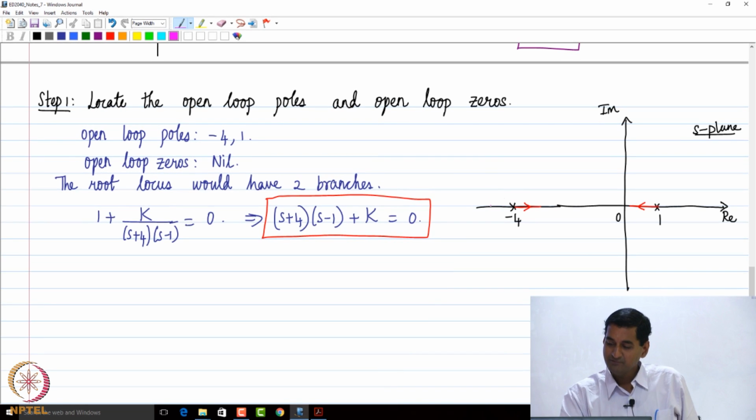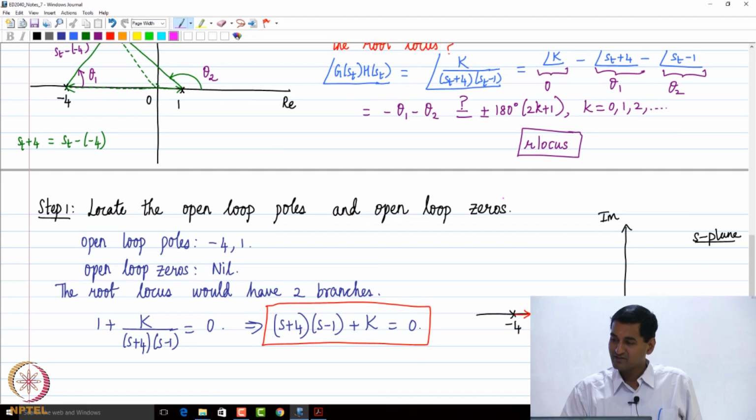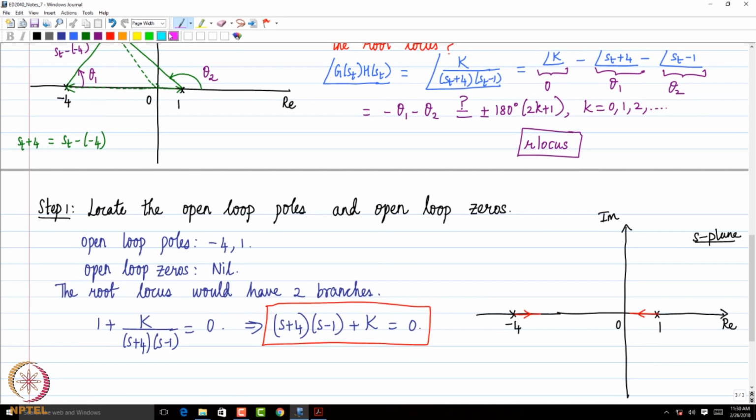See, for example, let us say I take my test point s_T to be this. What will be the values of θ1 and θ2 for this? Can you tell me? We just wrote it up above. θ1 will be 180. θ2 also will be 180.